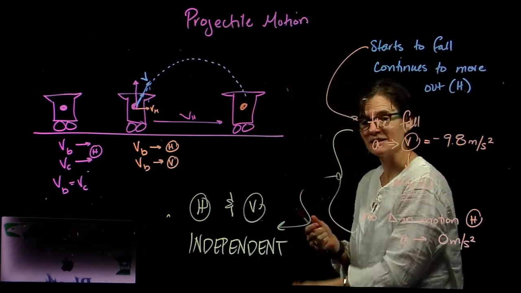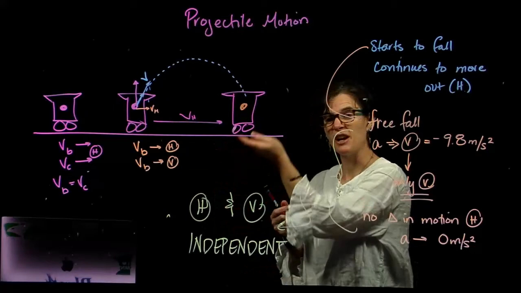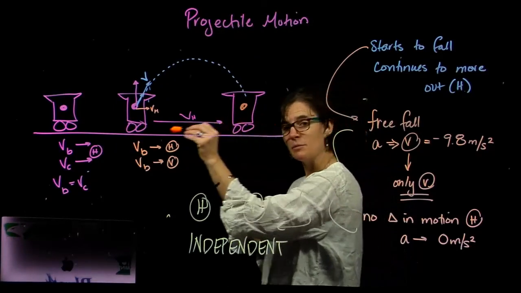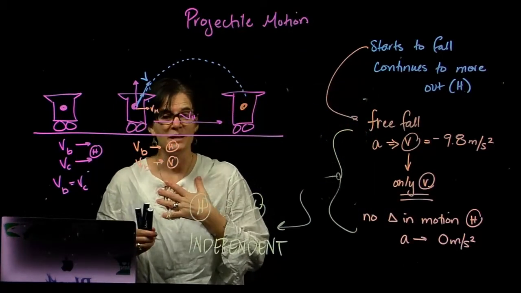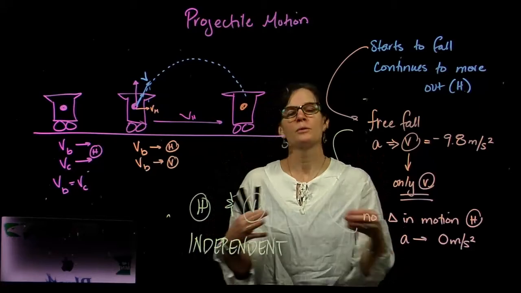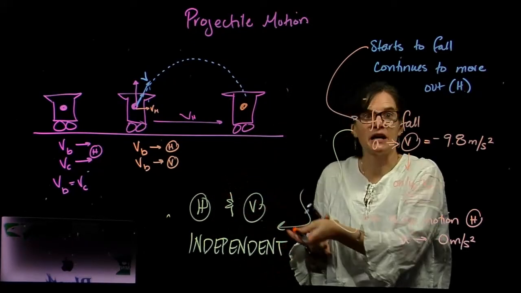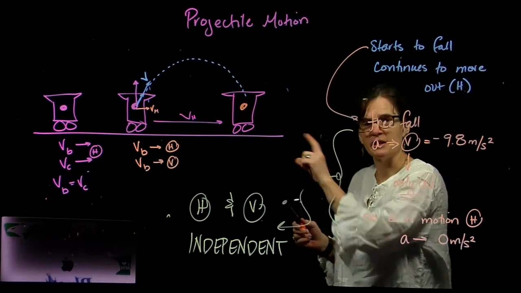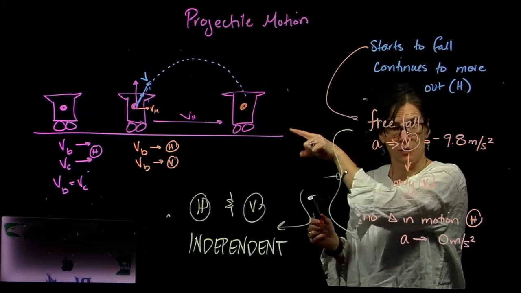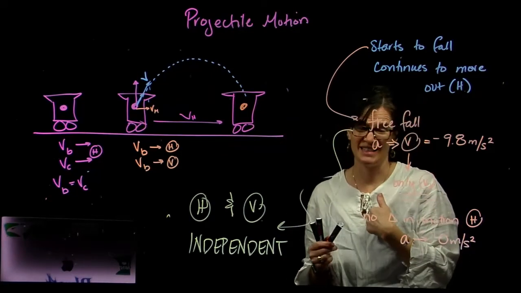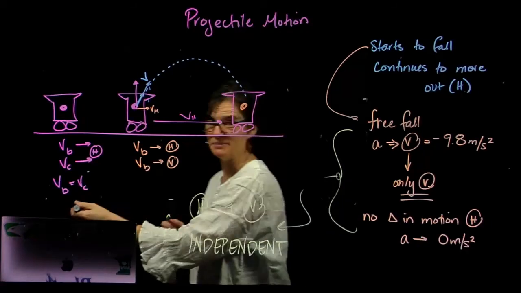Just like as I toss my pen, if I toss it straight up, it will cover the same horizontal distance that I am walking, because horizontally we're moving together. If I were to toss it in front of me, now I'm giving it an extra horizontal velocity. I'm increasing the horizontal velocity forward. It now has more horizontal velocity than I do, and it'll land in front of me.